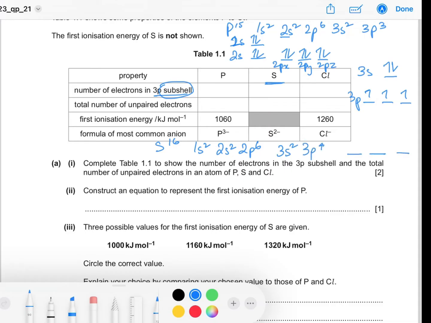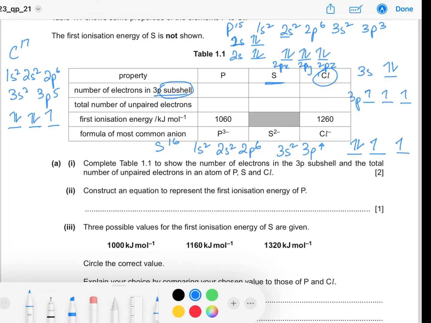Now this 4th electron will pair up with one of the electrons in a 3p orbital. The same goes for chlorine. Chlorine has 17 electrons, so instead of 3p4, its electronic configuration would be 1s2, 2s2, 2p6, 3s2 and 3p5. So this 5th electron pairs up with the 2nd electron in the 3p orbitals.